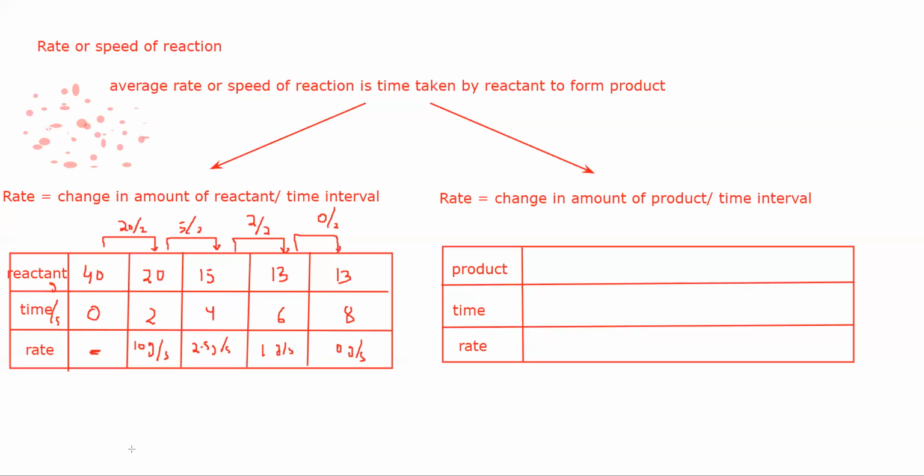So if I sketch a graph to show the result of this table, on the x-axis I take time. On the y-axis, I will take amount of reactant.